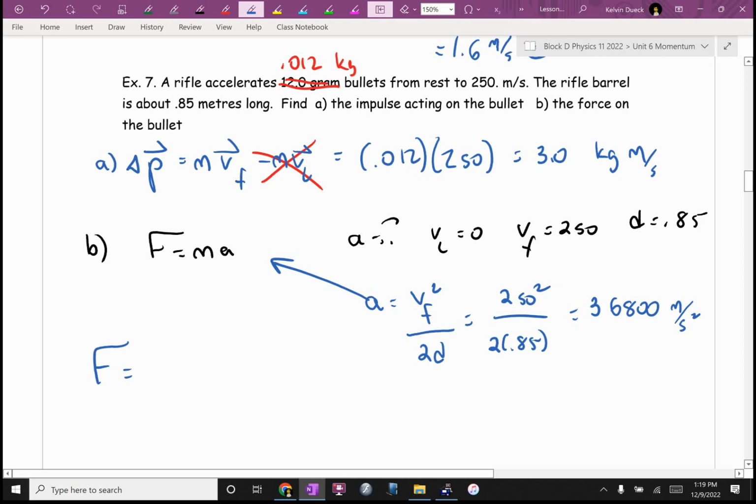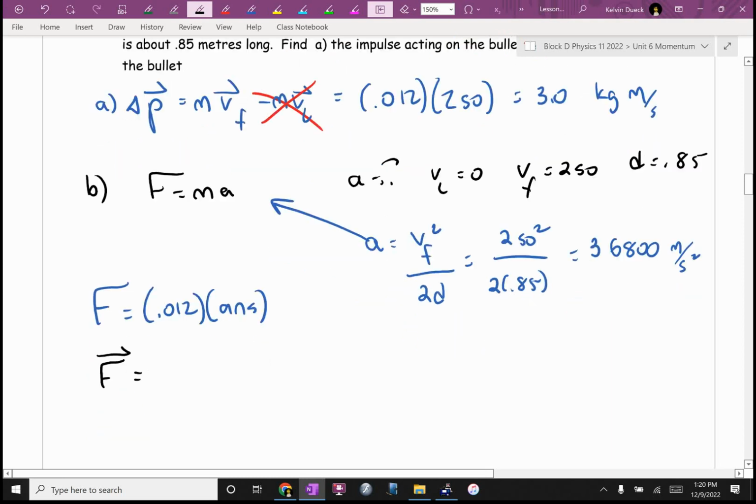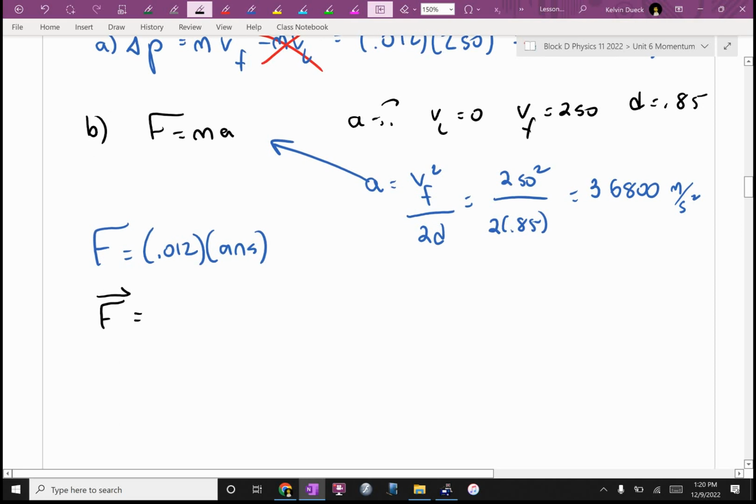What was M? 0.01. Good. What's the force on the bullet? 441 and change? Newtons.